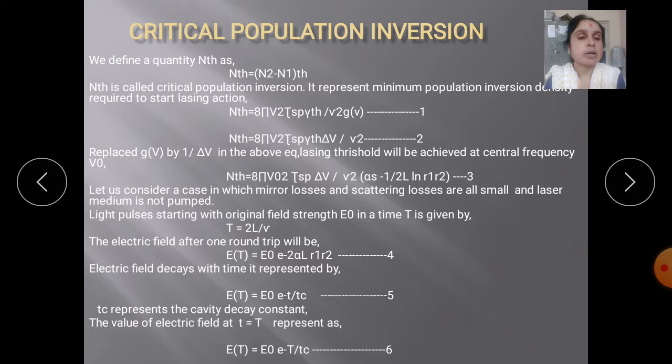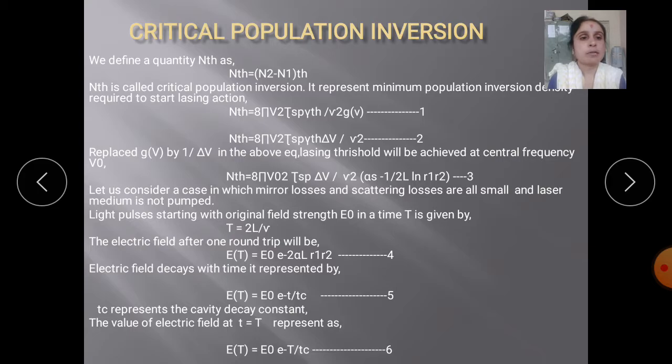R1 and R2 are the mirror reflectivities. Consider a light pulse starting with original field strength E0 from the source, spreading in the form of waves.